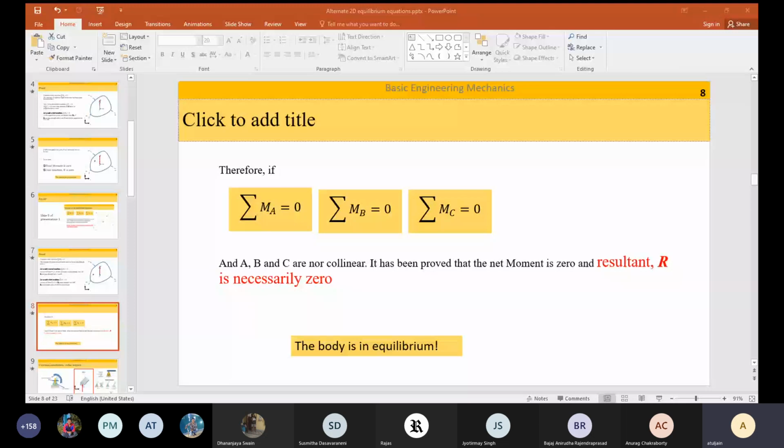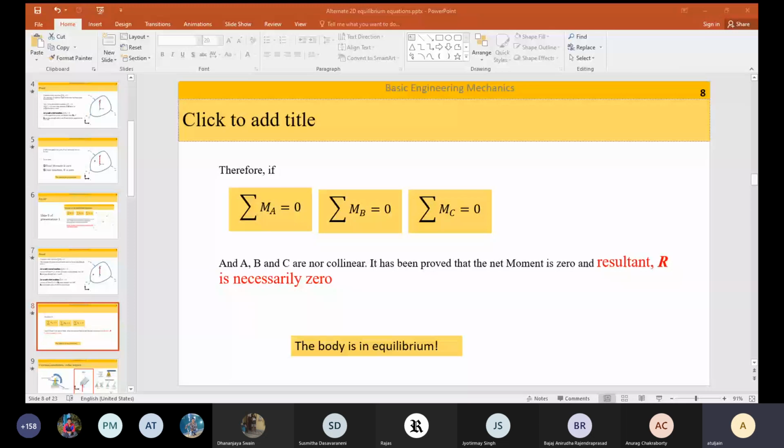So basically, the logic is that you can use any one of the 3 or 4 equations of equilibrium. All of them will lead to the same answer. Your solution is unique, but the way you draft your equations is up to you. You could do moment about any point that you like. Summation Fx is 0, summation Fy is 0.